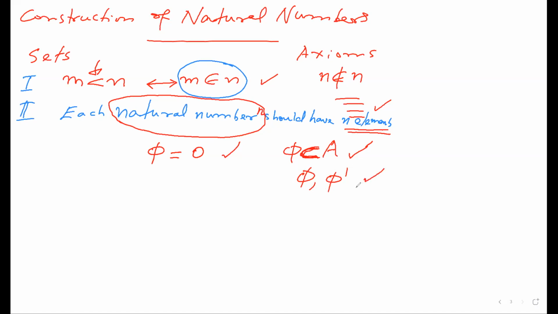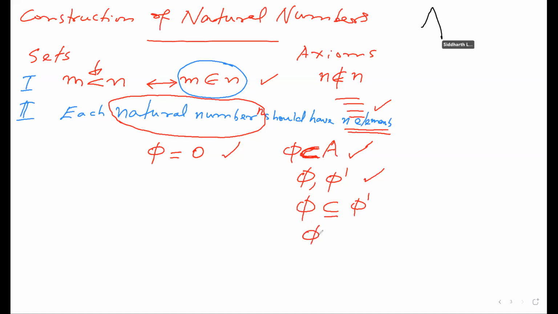Excellent. And here is an even simpler proof, but it assumes axiom of extension. This is beautiful. If the empty set is in every set, then this empty set has to be in that empty set. Agreed?